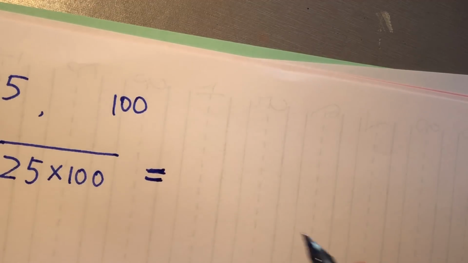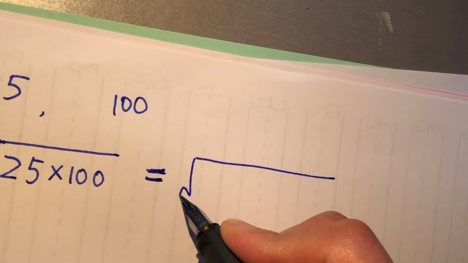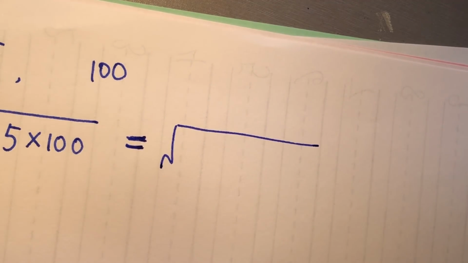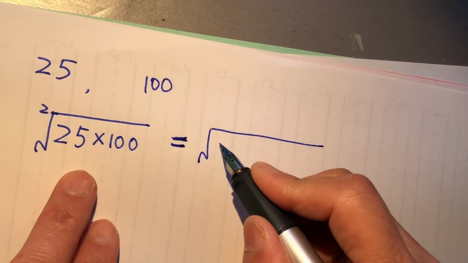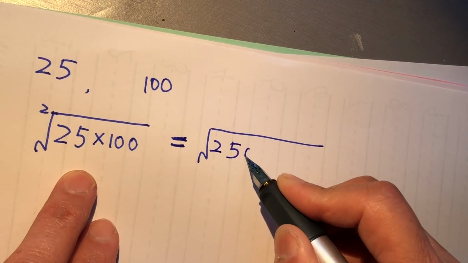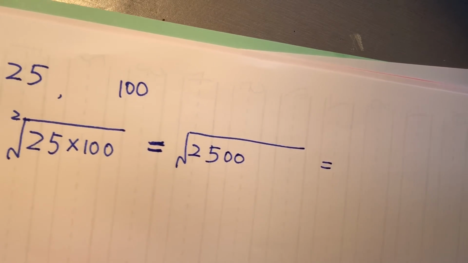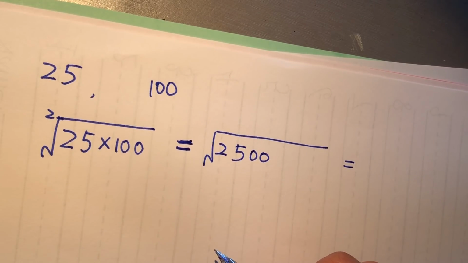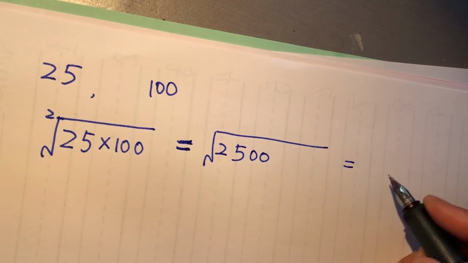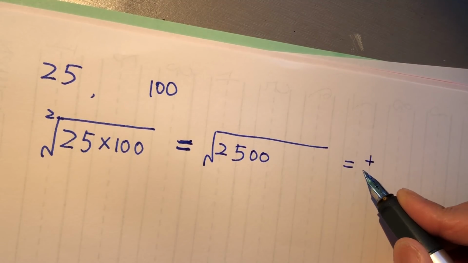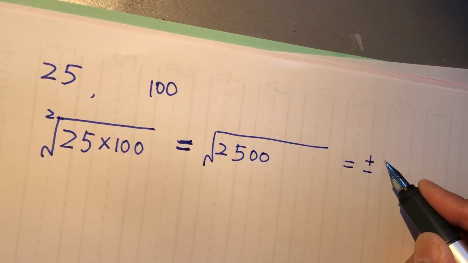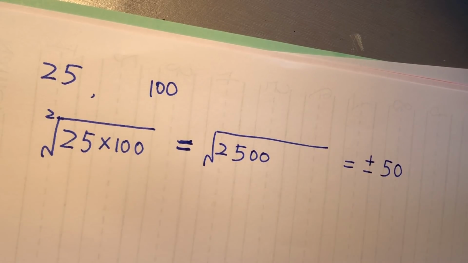Okay, so it's the square root of 2,500, so it is positive and negative 50. Make sense?